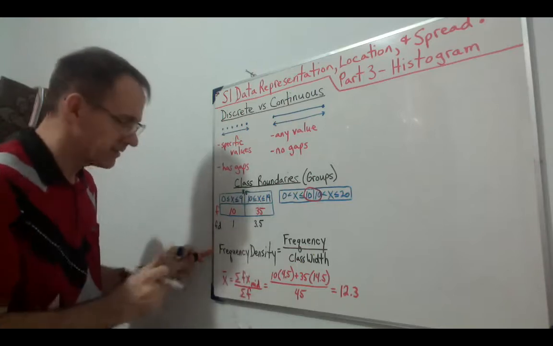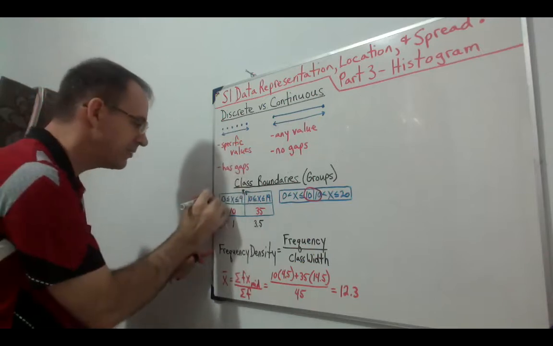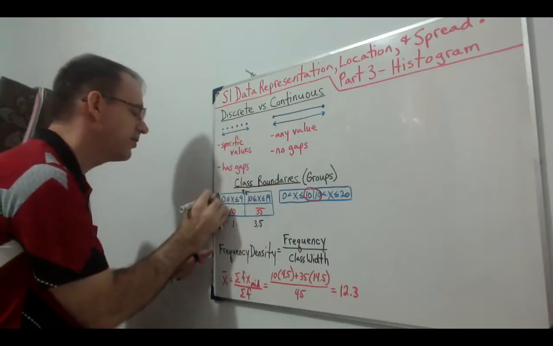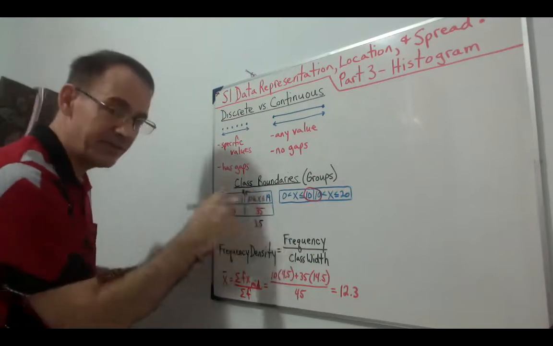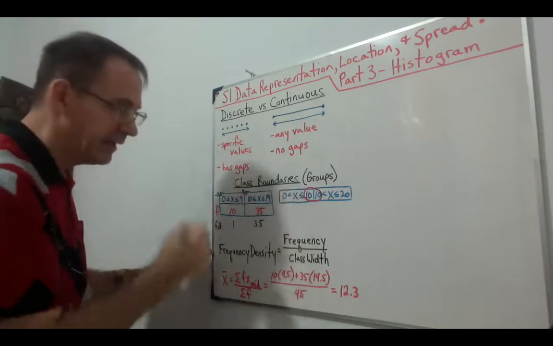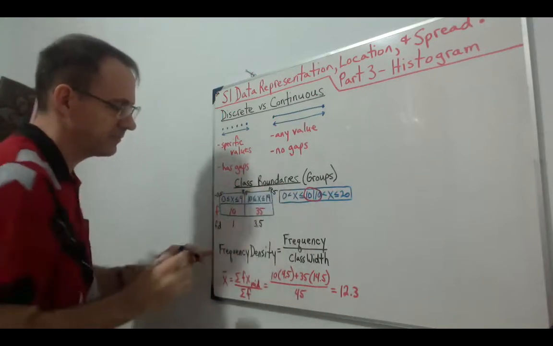or your groupings. So even though this is a 0, you're still going to go back to negative 0.5. And on this end, even though it's the furthest to the right, you're still going to expand it up to 19.5.